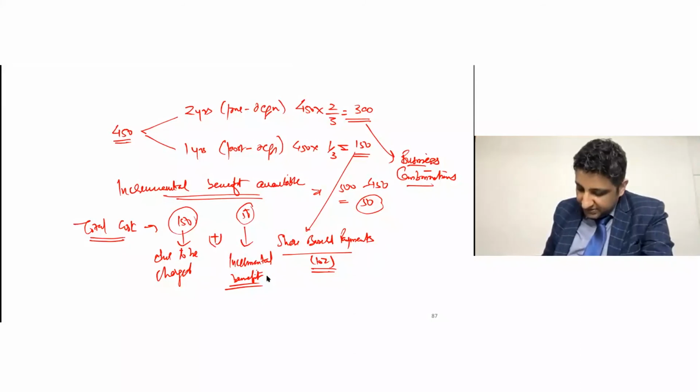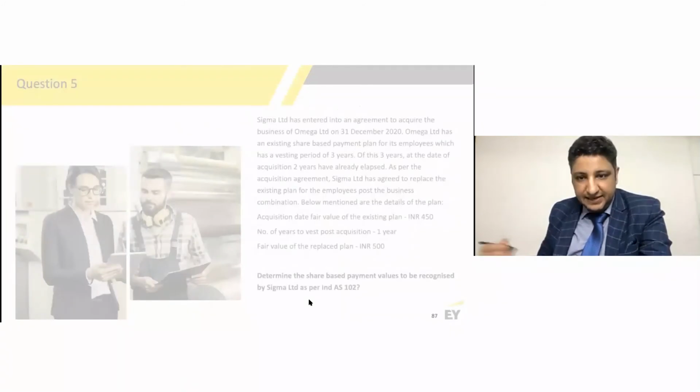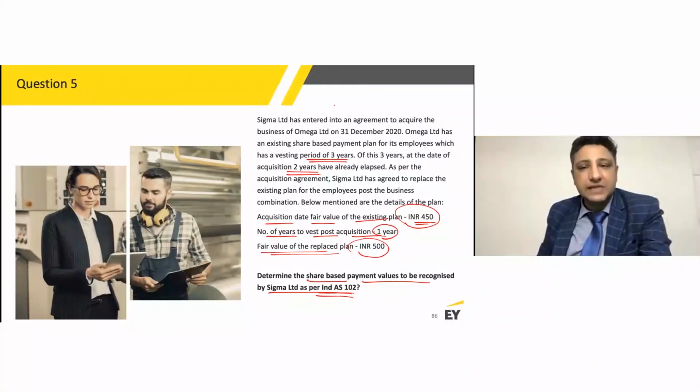So we're saying that the total cost of 200 shall be accounted for in the financial statement. And that is where you start looking at the recognition under Ind AS 102 in the books of Sigma Limited.